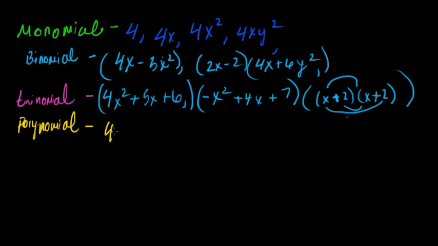If you remember, let's say we have 4x cubed plus 6x squared plus 4x minus 3. This is what we call a polynomial. We see it has 4 or more terms, and we also see more than one operation. We see an addition here, an addition here, and also a subtraction. So it's 2 additions and 1 subtraction, and we also see more than 3 terms. We see 4 terms, so it can't be a trinomial. It has to be what we call a polynomial.